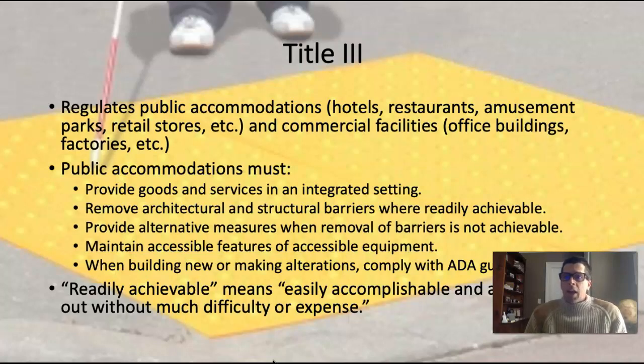Okay, it's not enough to have one if it doesn't function. If you build a new structure, it has to be fully compliant with the ADA. If you do any sort of remodel, you have to bring that into compliance with the ADA.